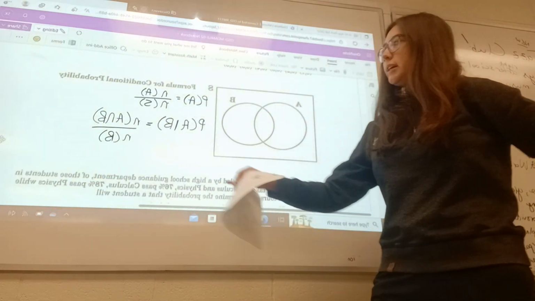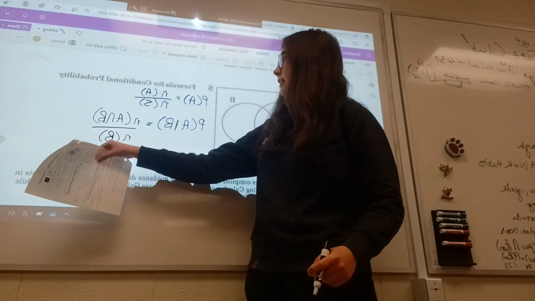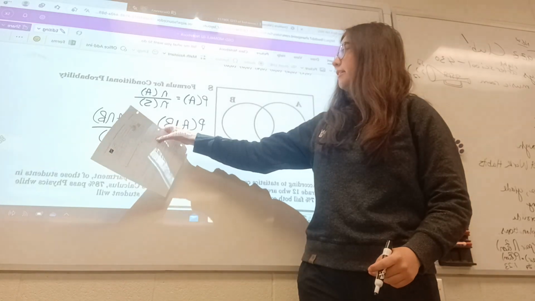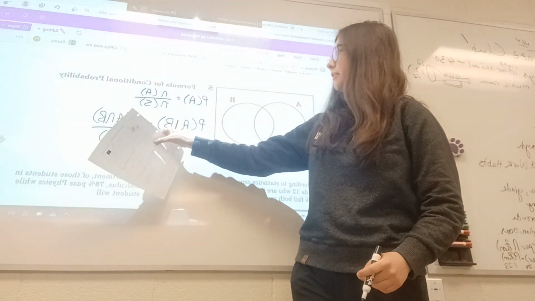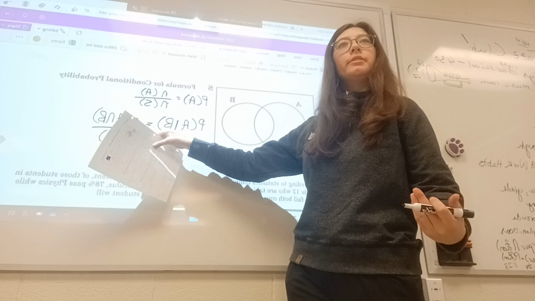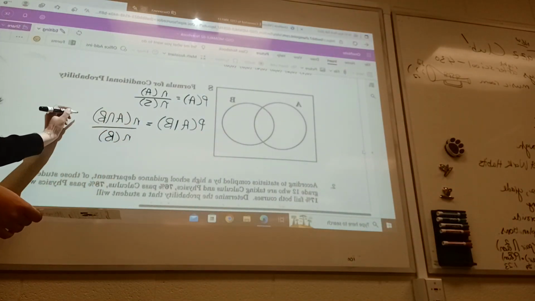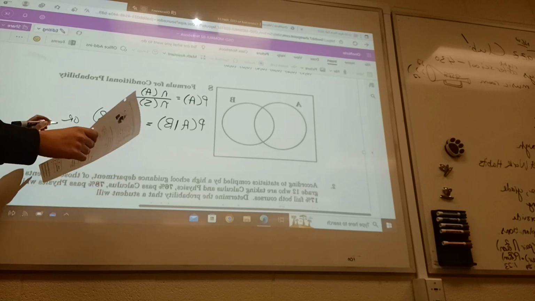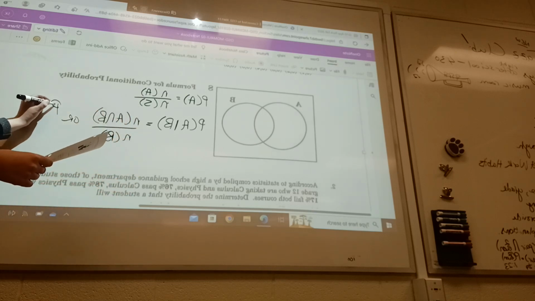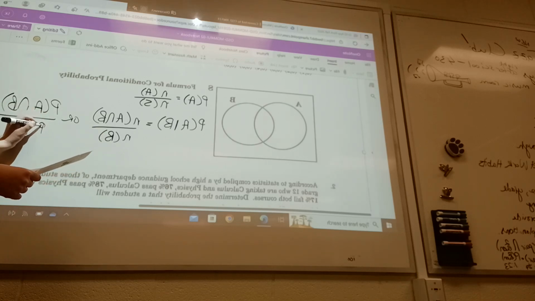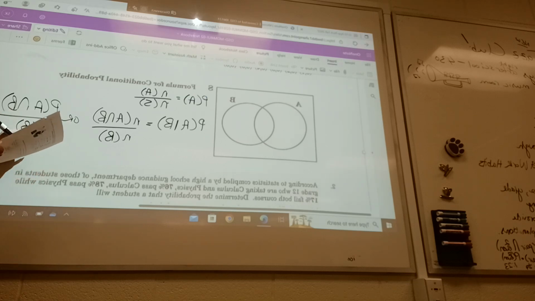All right, so your formula, it's always the intersection divided by the number of ways you can have the second event, or the event after the line, or the event that has definitely happened, okay? So you can do it the number way, or if you were dealing with probabilities, you would say the probability of A and B happening at the same time divided by the probability of the event B that has already happened.